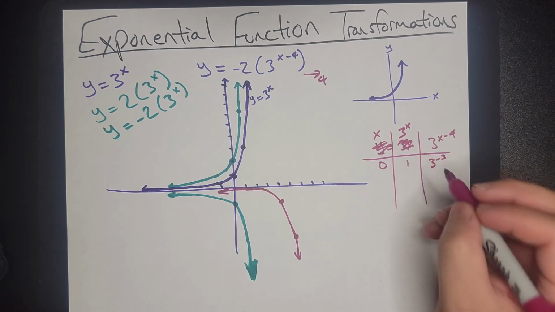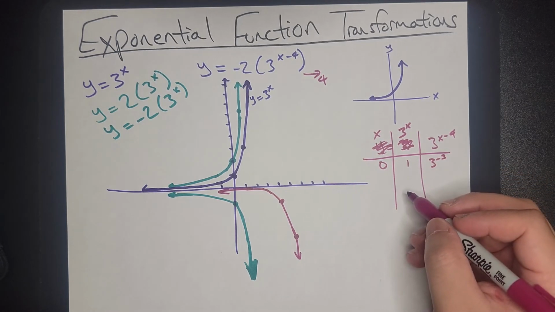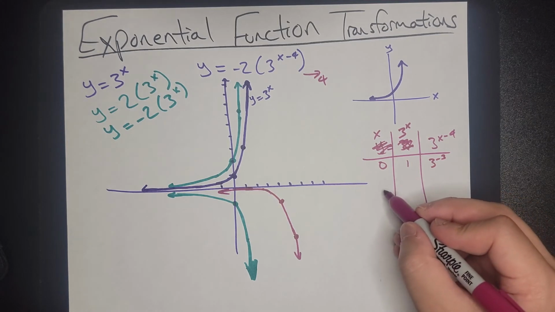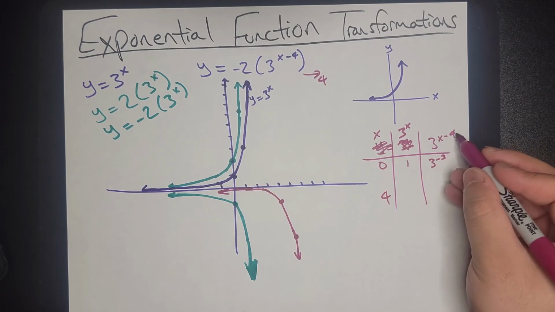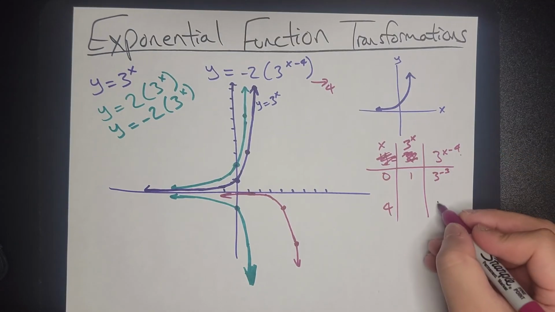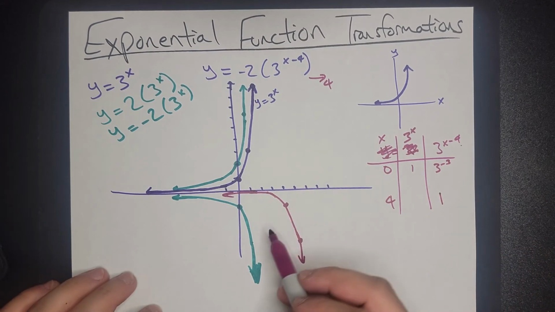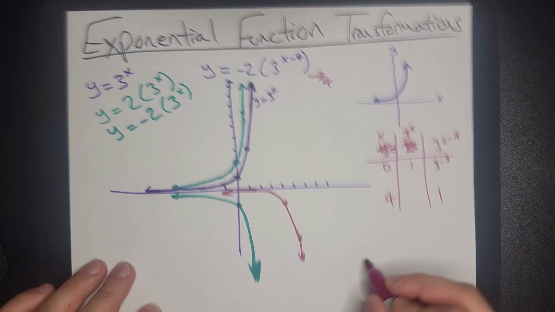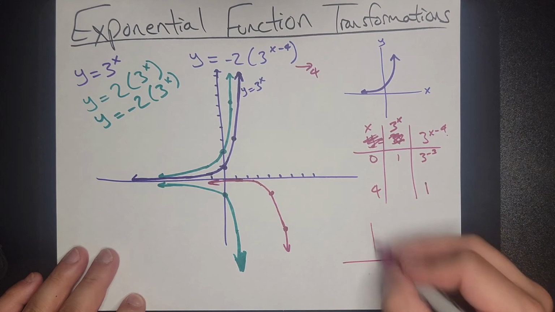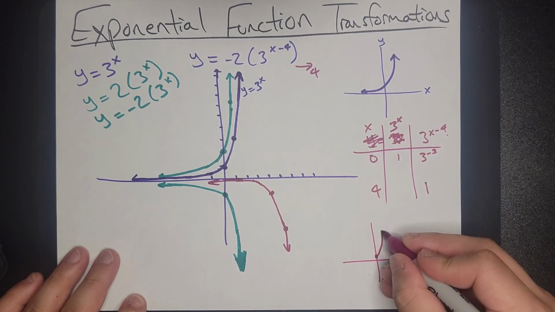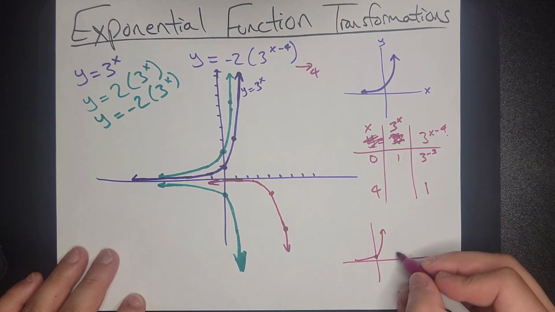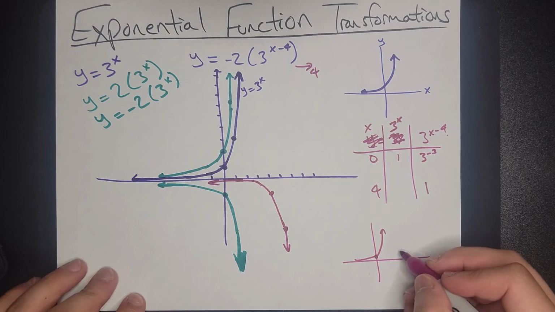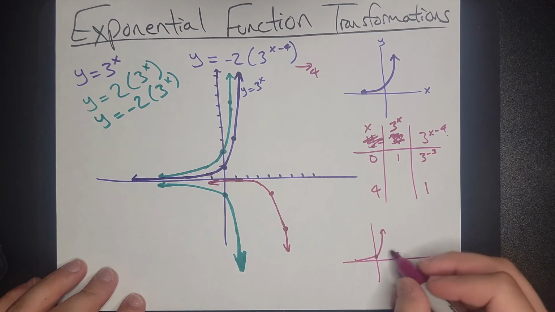So now, I would have to plug in 4 for x to get 4 minus 4 equals 0, to get a value of 1. So in hindsight, where I had 0, 1, now I have 4, 1, which is all the way here.